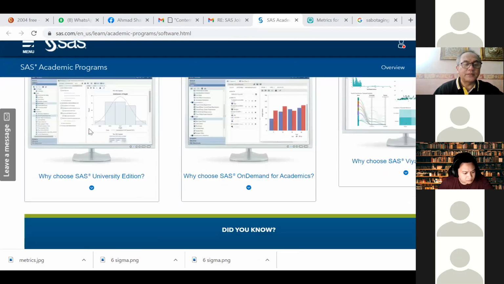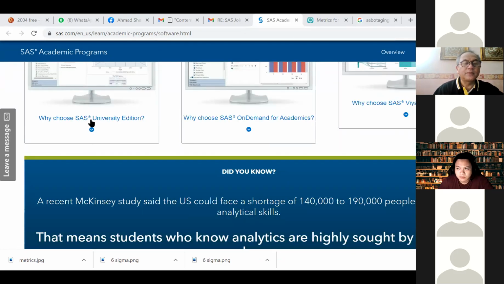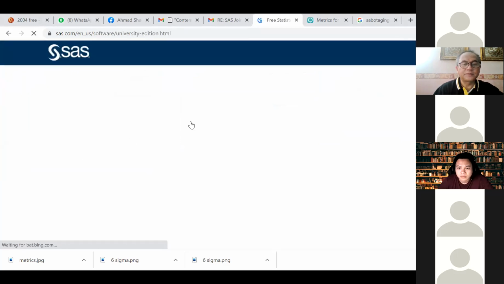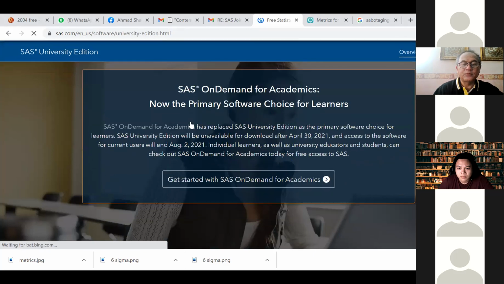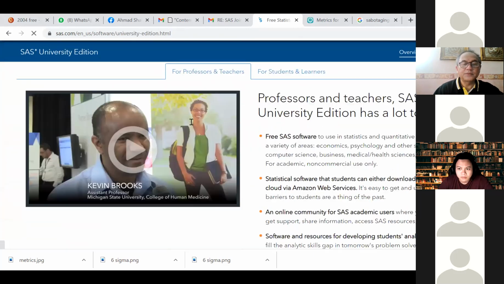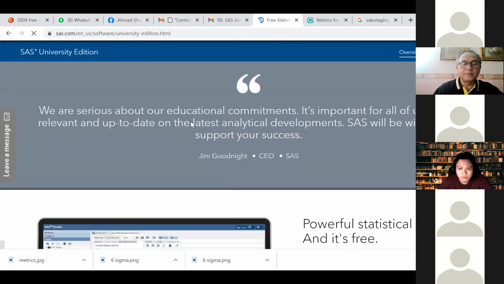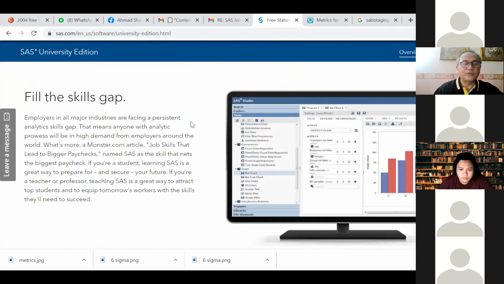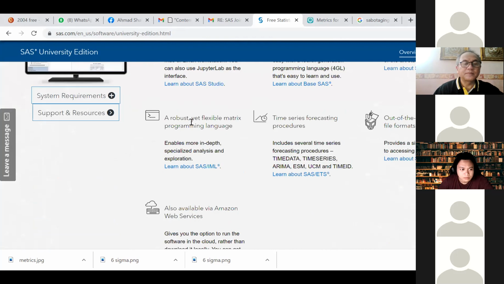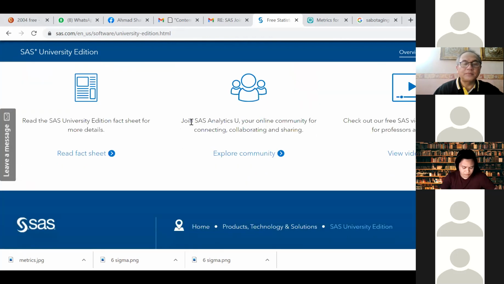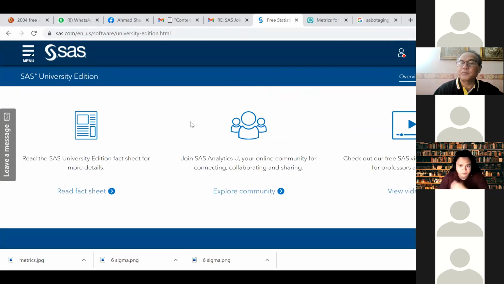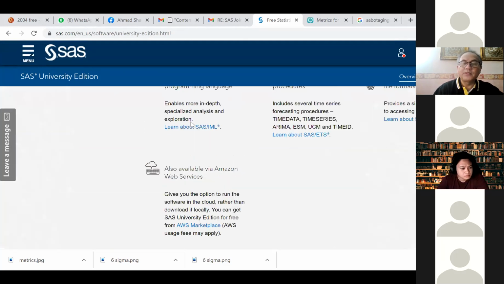Let's see if we can do this. There are some free access software that you can use. I'm trying to get access to this software for the class, but I'm not sure whether I am in time to get it.